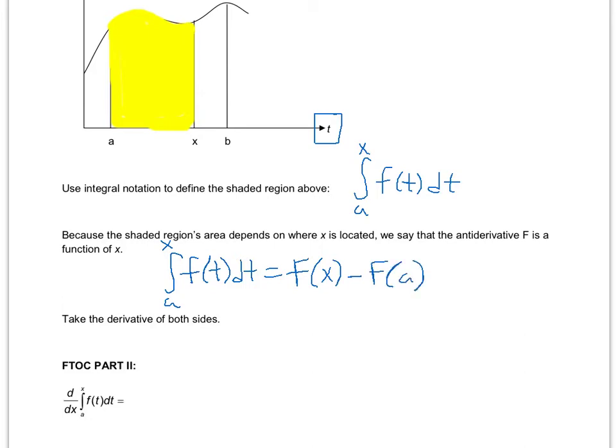Okay, and the whole idea of this entire section is to find out what happens if you're to take the derivative of that. So we're going to go ahead and take the derivative of both sides, d dx, from the definite integral from a to x of f of t dt, and then we're going to take the derivative of the other side.